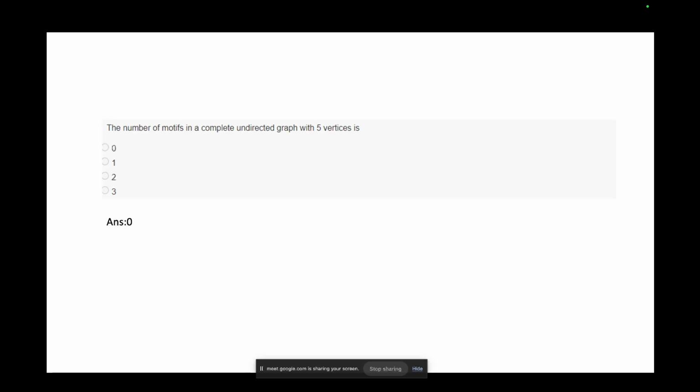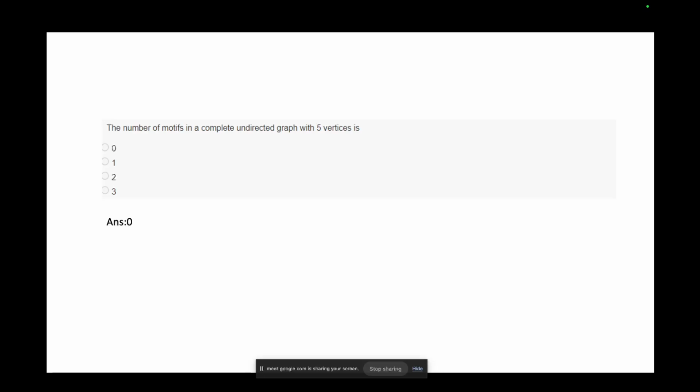But if you want to find motifs of only three nodes inside the network, then it will be 5C3. If you want to find motifs of subgraphs containing four nodes inside the network, that will be 5C4. It can go on till k equal to 2.